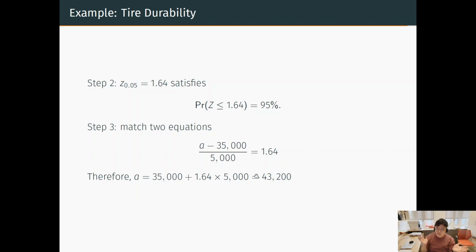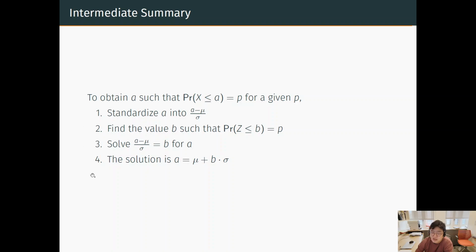So this chapter was more of an exercise. The intermediate summary up to here is: when you are looking for a percentile for a non-standard normal distribution, you may still use standardization, right?